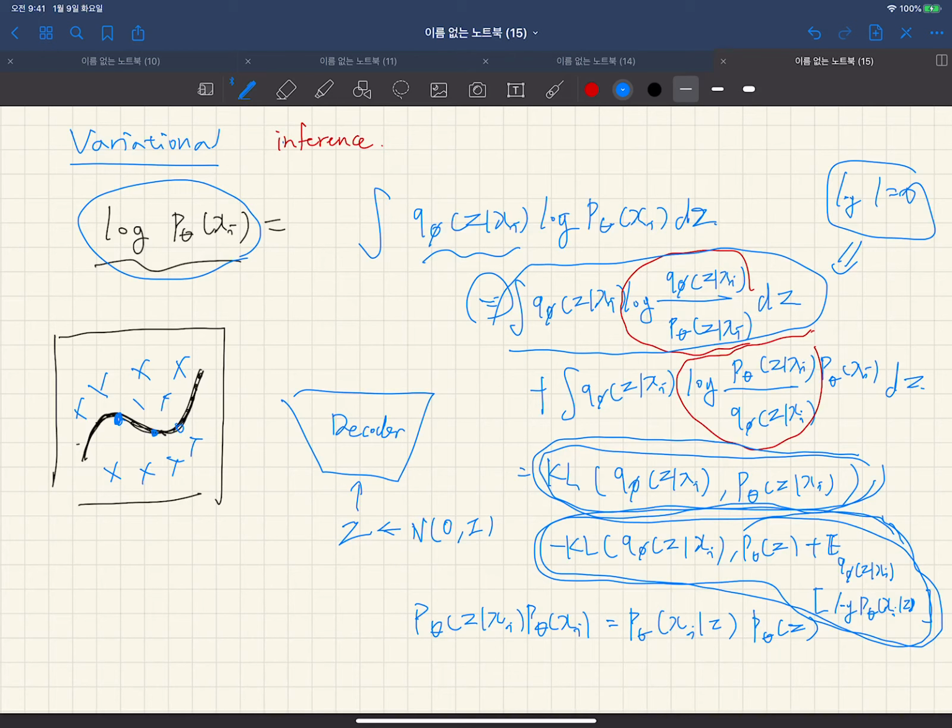Okay, and this is also called ELBO. Since the KL divergence is always non-negative, the log likelihood is always bigger than this second part, the objective of the variational autoencoder.